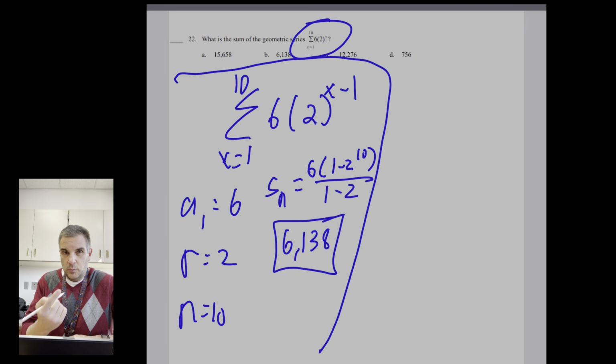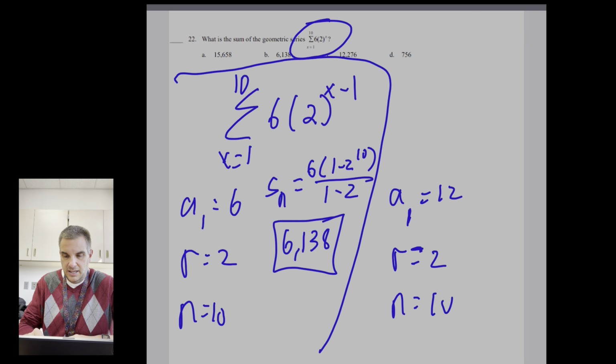So realistically speaking, if you think about what my first term is going to be, my first term is when my x value is 1. So that'd give me 6 times 2. So actually my first term here is 12. My ratio is still 2, and my n value is still 10.